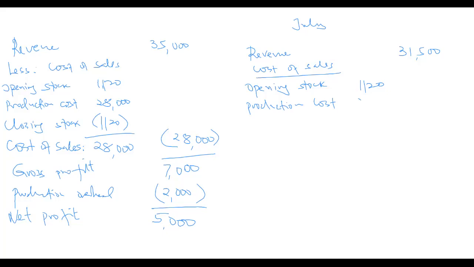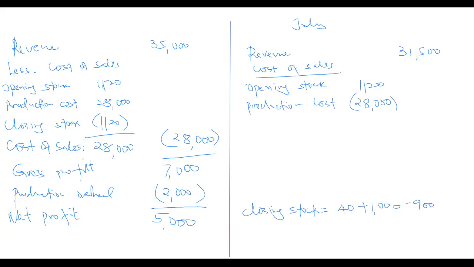This will give us 28,000. However, the closing stock in the month of July, you had 40 stock at the beginning of the month. You made 1,000. You sold 900. How much remains?